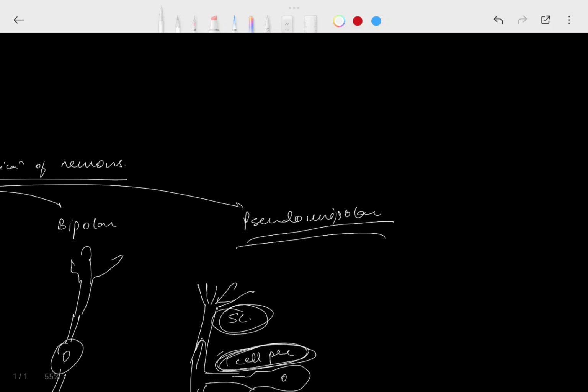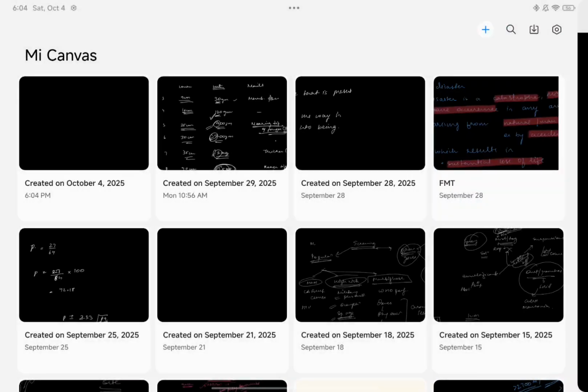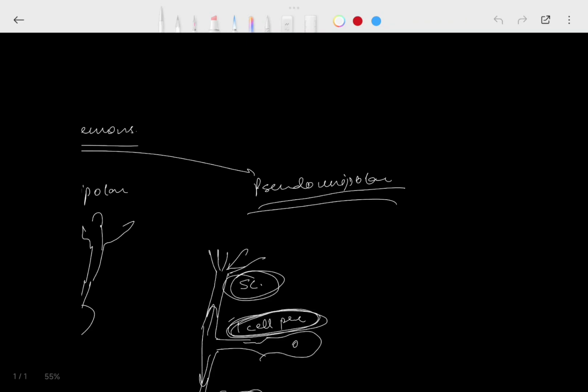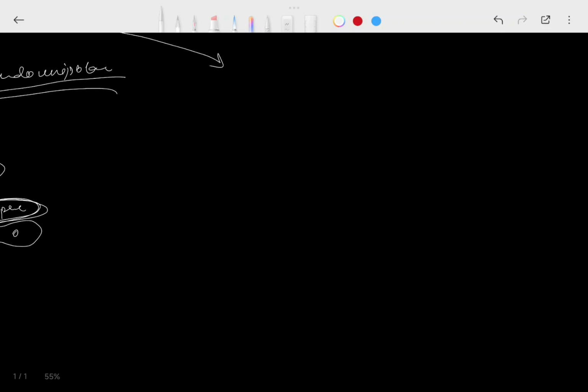Next one is multipolar. It gives rise to multiple processes.